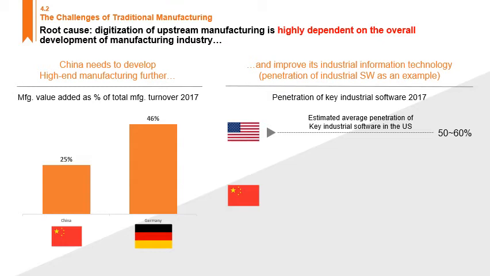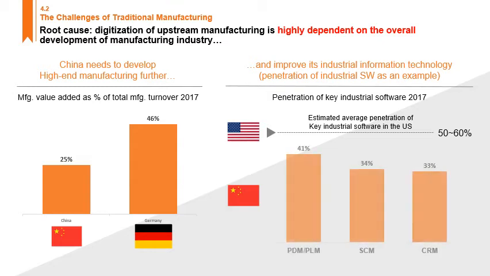Where does China fall in this? Well, for their product data management is only about 41%, or product life management. Their supply chain management is only about 34%, and their customer relationship management is only about 33%. So it's not really up to the par.